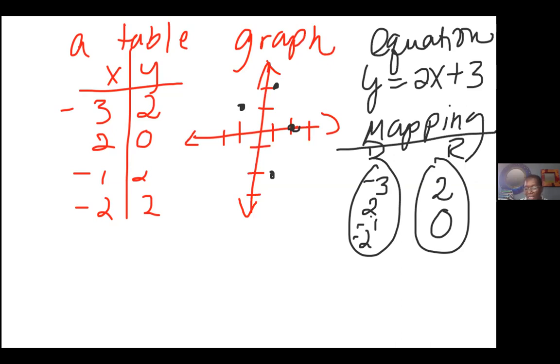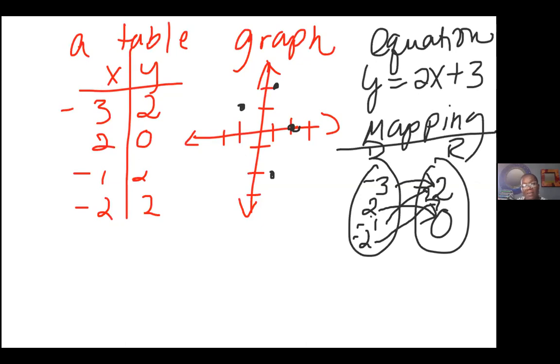We're saying -3 is mapped onto 2, 2 is mapped onto 0, and perhaps -1 is mapped onto 2, and then -2 is also mapped onto 2. So those are the elements that are being paired together. So guys, these are the various ways we could express a relation. Now, the next part of this, guys, is a function.